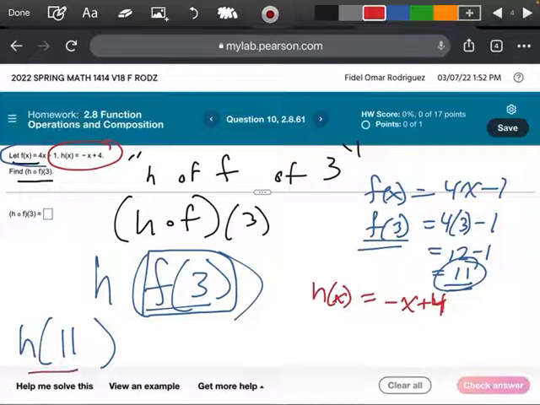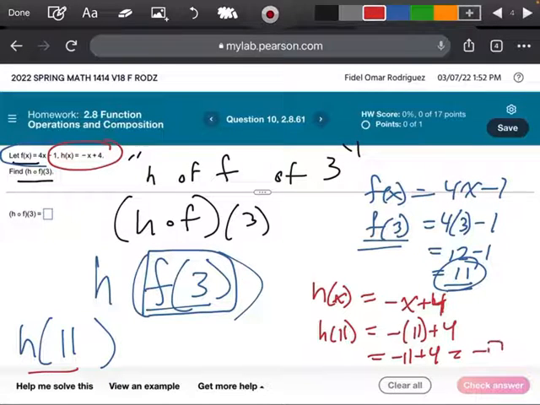So if we're trying to find h of 11, it's going to be a negative 11 plus 4. And negative 11 plus 4, y'all, is just negative 7. So right here, y'all, I'm just going to put a negative 7.